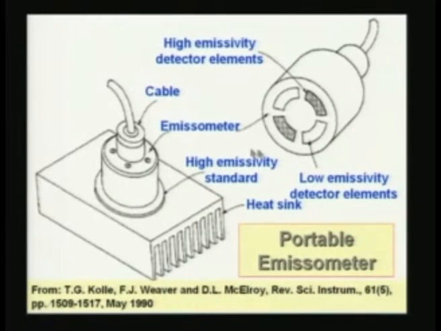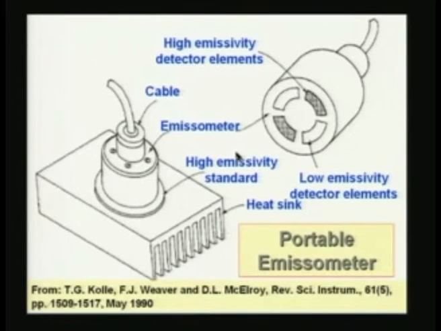How is it done? You place the head first on a high emissivity standard of emissivity equal to 0.89, which is supplied by the manufacturer, and then adjust the gain of the amplifier, so that the reading of the millivolt meter which is connected is exactly 0.89.